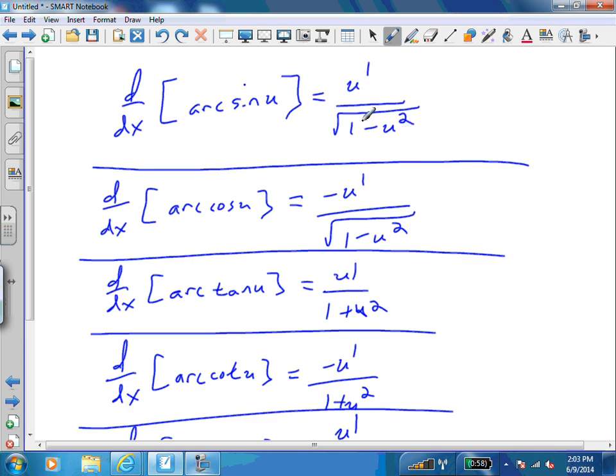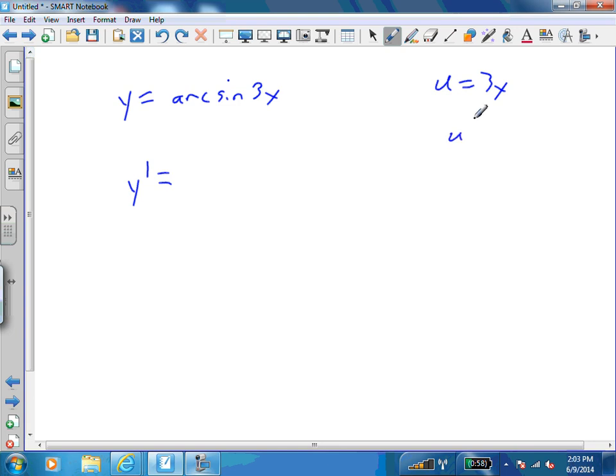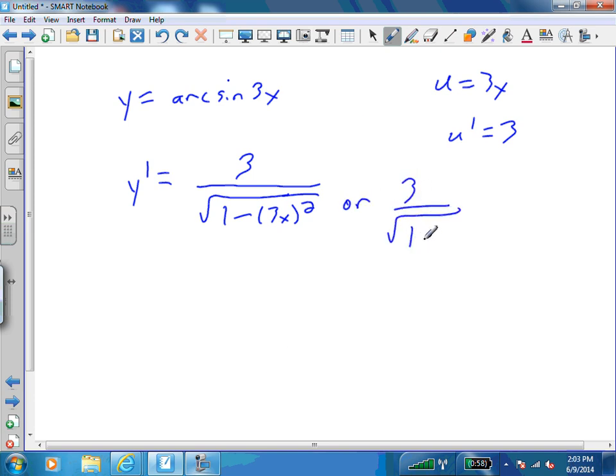So if u is 3x, what's u prime? 3. So our formula says to take this derivative, it's u prime over the square root of 1 minus u squared. Or you could call that 3 over the square root of 1 minus 9x squared.